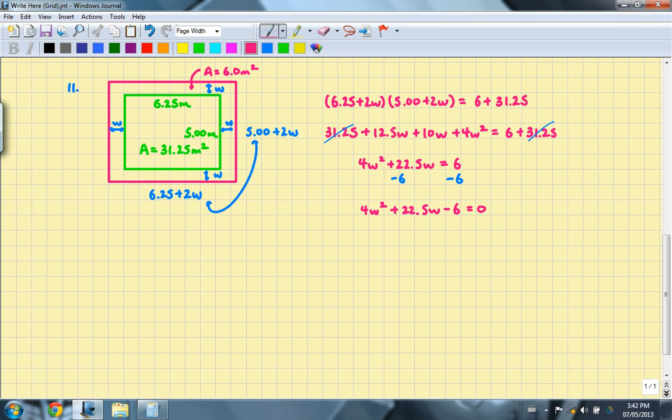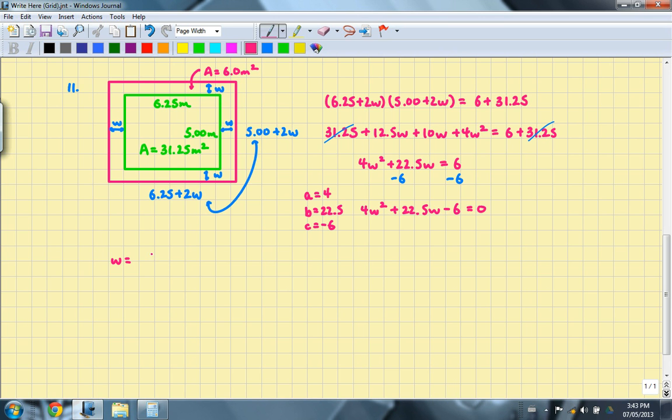Okay, and this is the part that you're going to use the quadratic formula for. And so in this case, w is going to be equal to, let's try that again. W is equal to, okay, what are our ABCs here? A equals 4, B equals 22.5, and C equals negative 6.